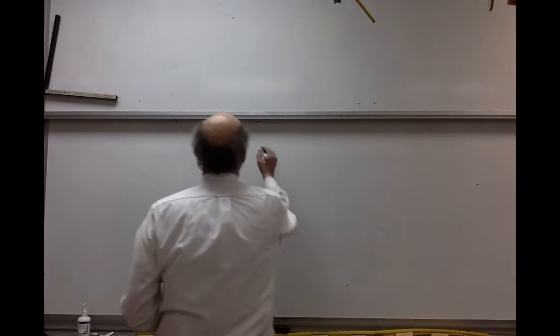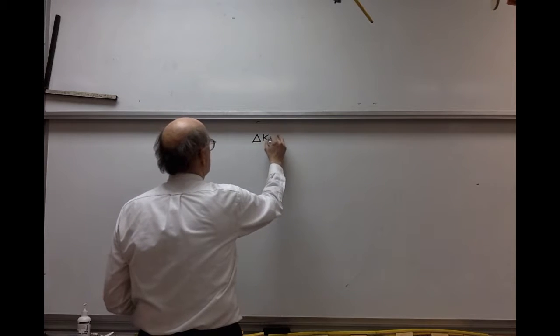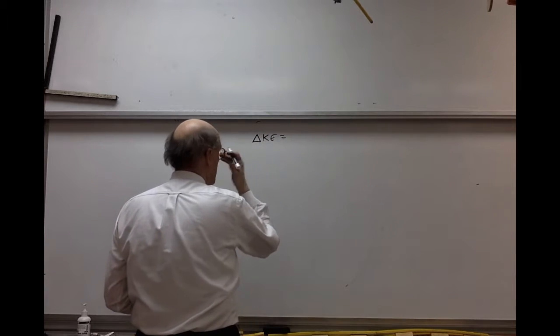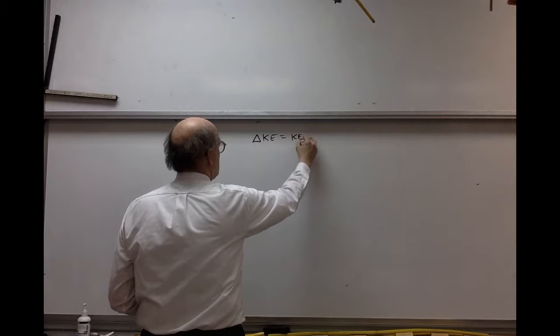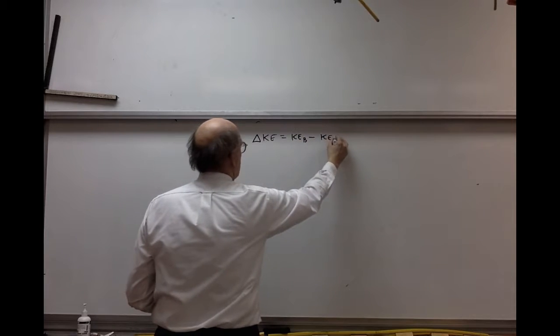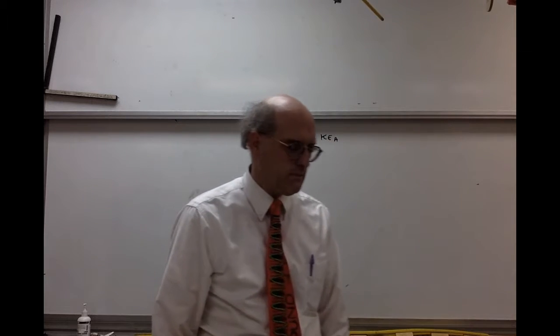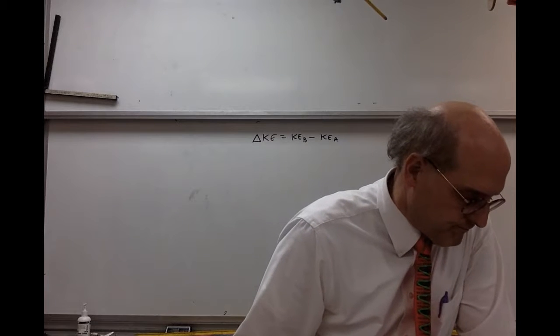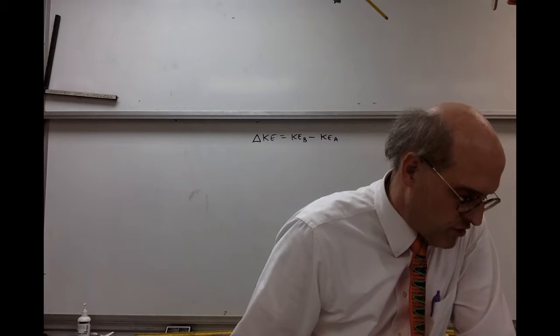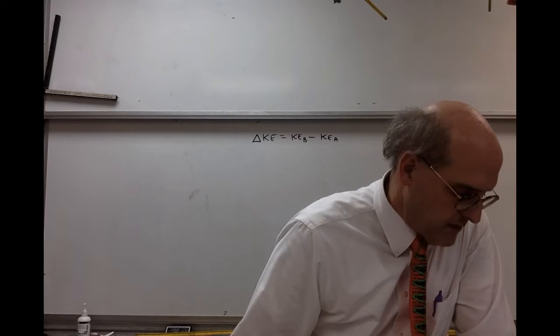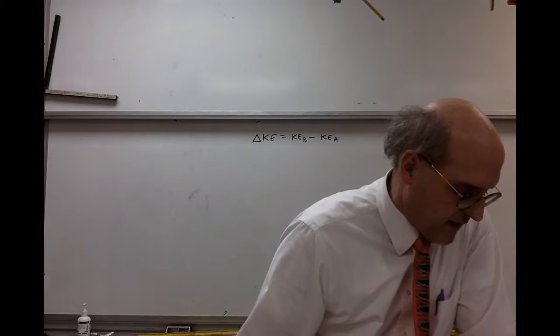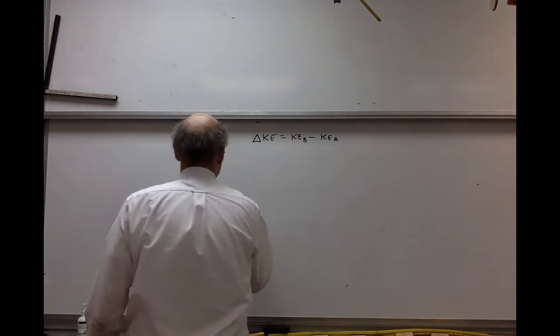Okay, so we're looking for delta KE from A to B. So it's KE_B minus KE_A. So the coaster goes from A to B. A is at 5 meters, B is at 20 meters.